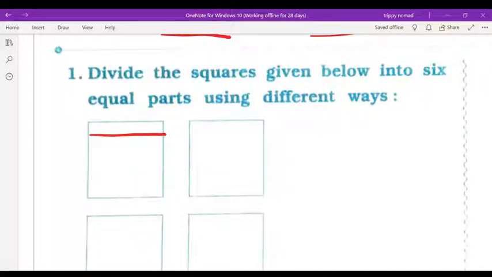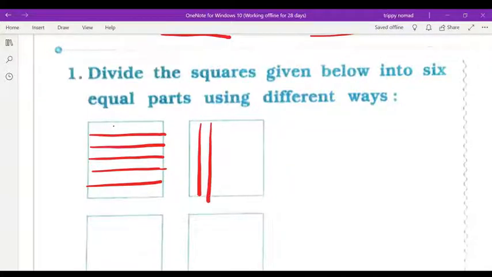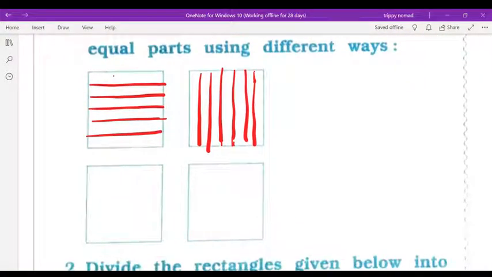I am drawing here without measuring: 1 2 3 4, and 5 and 6, but you have to use a scale to measure. The same way you can do it like this also, 1 2 3 4 5 6. But you must not draw roughly, children. In your book you have to take the help of the scale.